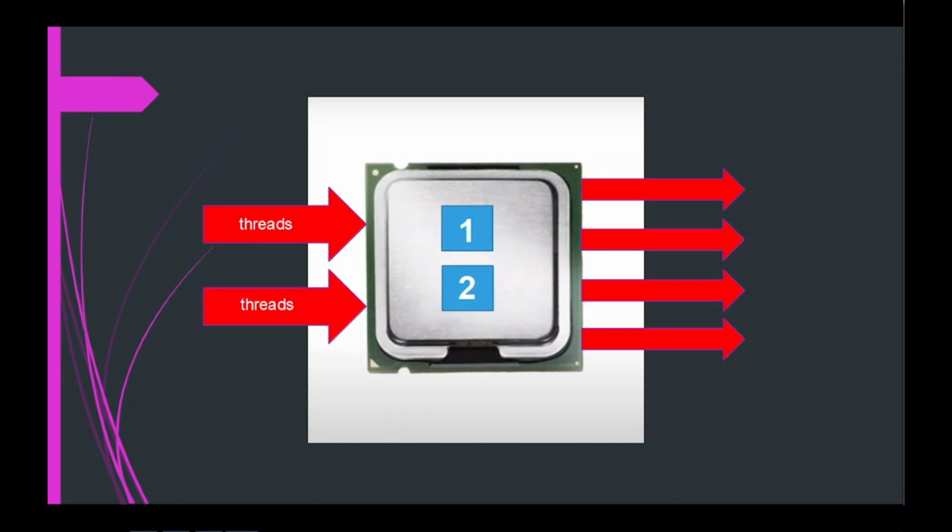Two tasks or functions. So in hyperthreading, if your processor has two cores, then it will process four different functions or threads.